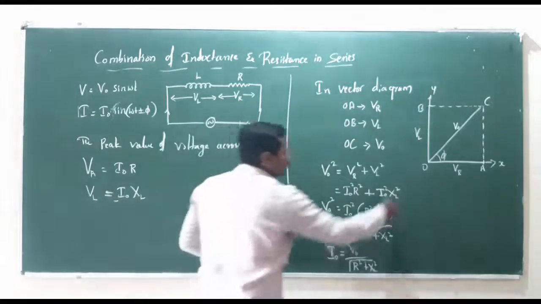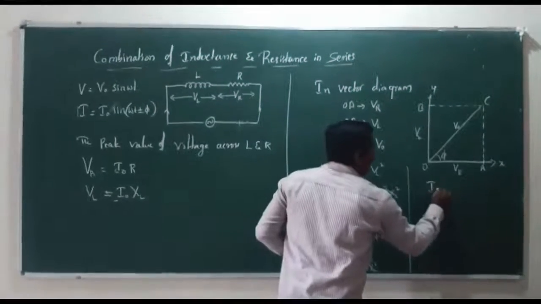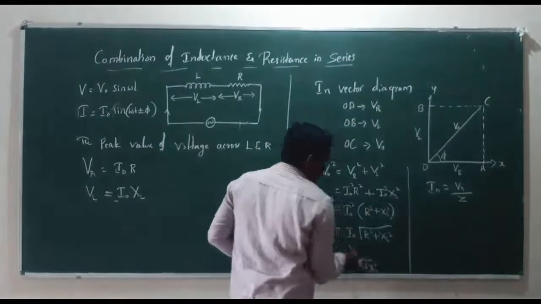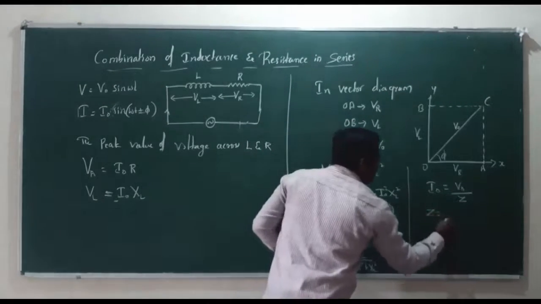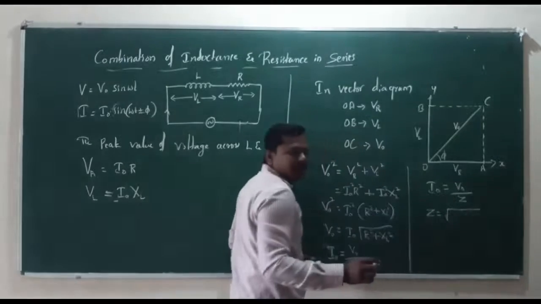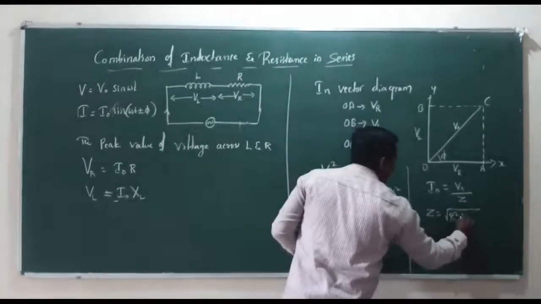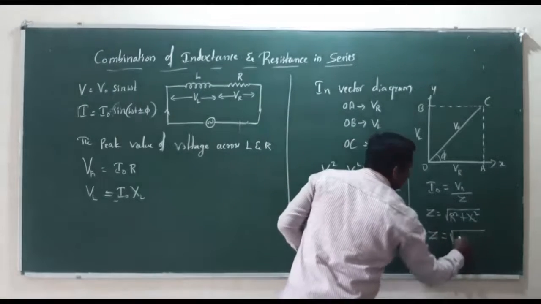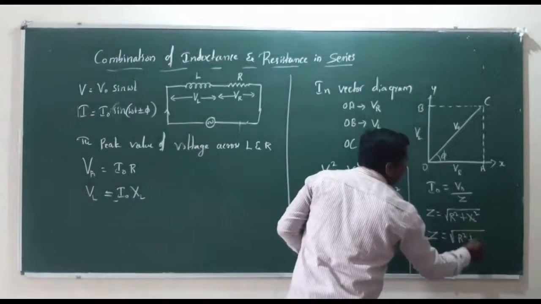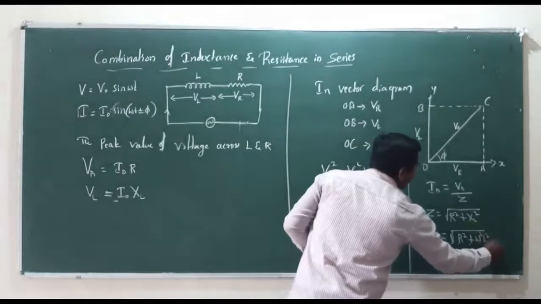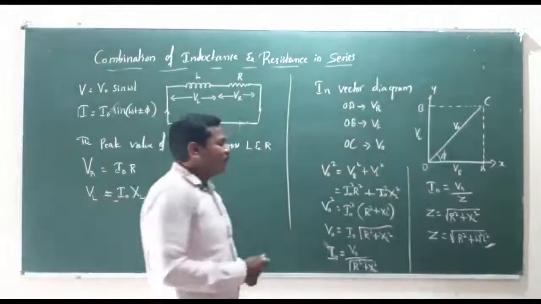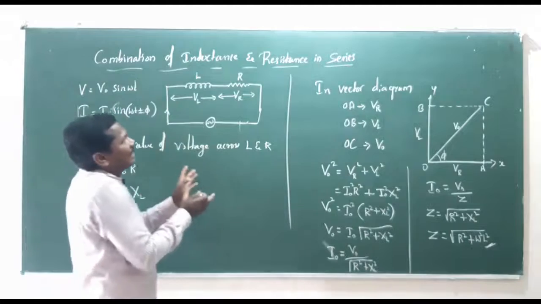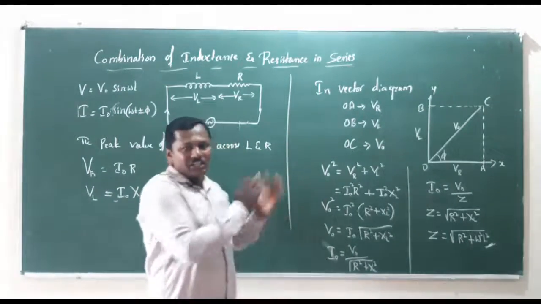Now we know that I naught is equal to V naught divided by Z. If we compare these two expressions, we get Z equal to the square root of R square plus chi L square, where chi L is omega L, so Z is the square root of R square plus omega square L square. This is the expression for the impedance in the case of a combination of inductance and resistance in series.